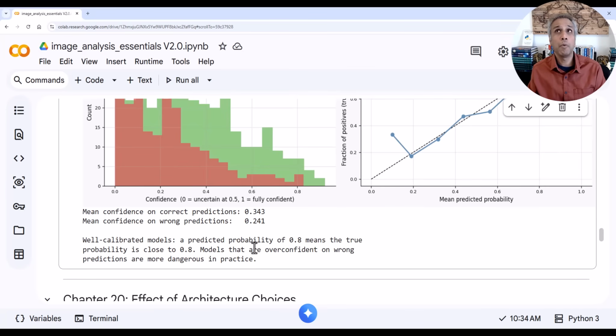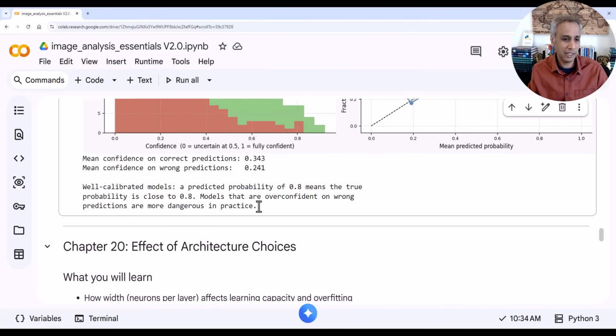You don't want a model to be confidently misclassifying something, and this is where I usually check that. I hope that makes sense. You don't want the model to say, oh, I'm 90% confident that this is a cat, but in reality, that's the image of a dog. That's when you have a crappy model, obviously. If it's getting things wrong, it had better be uncertain about it. Yeah, that's what we are looking at here.